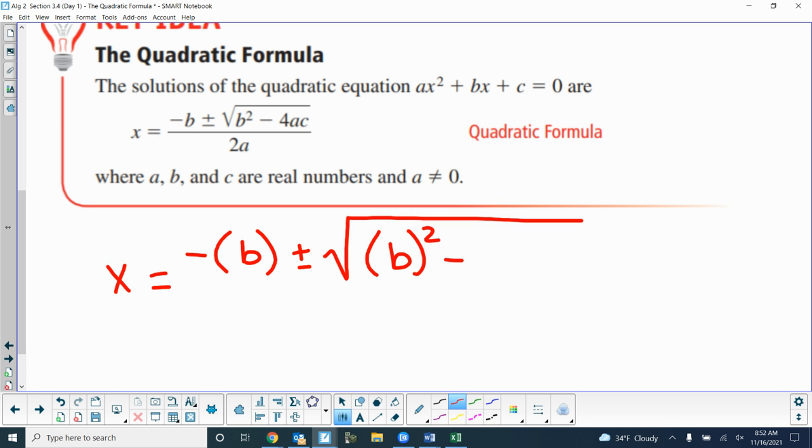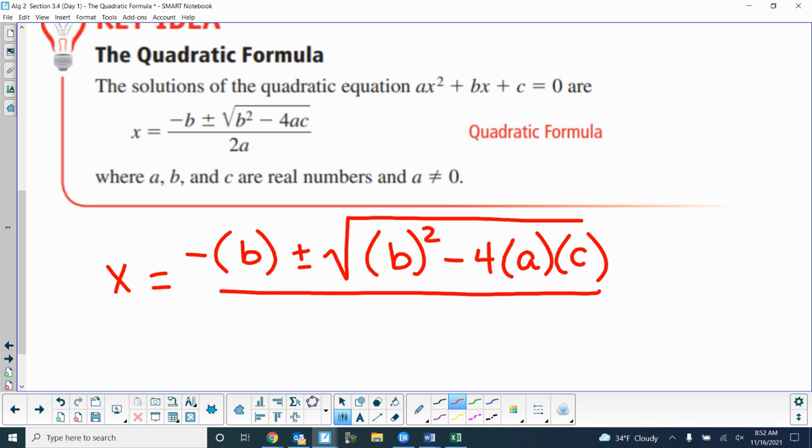This is always -4 times the a value times the c value, all over one big fraction, 2 times the a value. All right? So that's how I do it. Now, when I put it in my calculator, I don't put the square root thing in there.